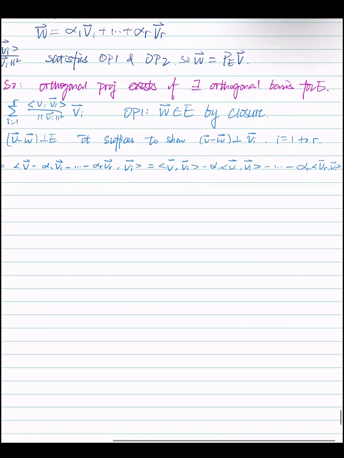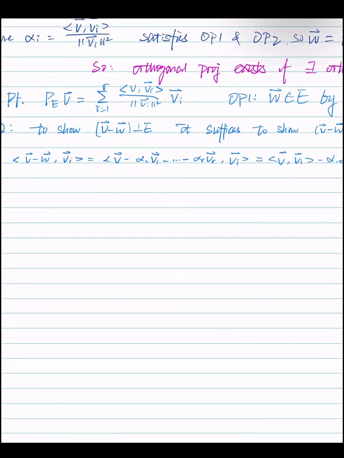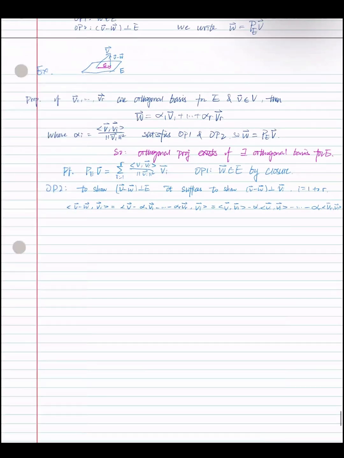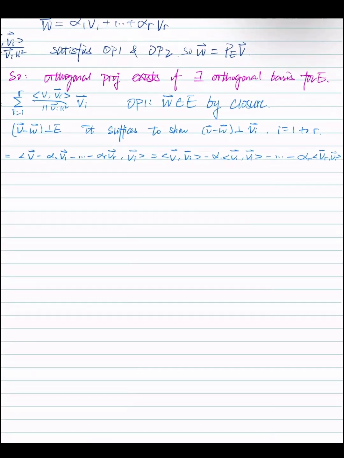So let's take one of the terms out. Since all of the vi are orthogonal bases, the inner product of vi and vj would be 0.